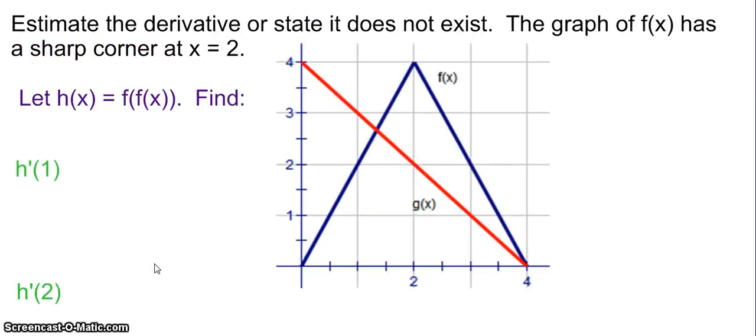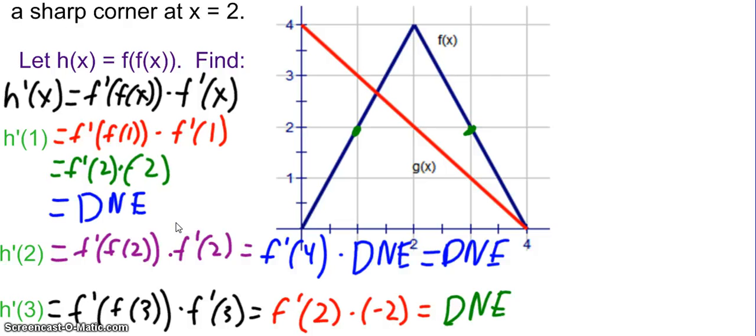Last one, try h of x equals f of f of x. Pause the video, unpause when you're ready to check. Alright, so sadly none of these work, so none of these exist, or none of these are differentiable, these values. And let's see, it goes back to h prime of x is f prime of f of x times f prime of x.